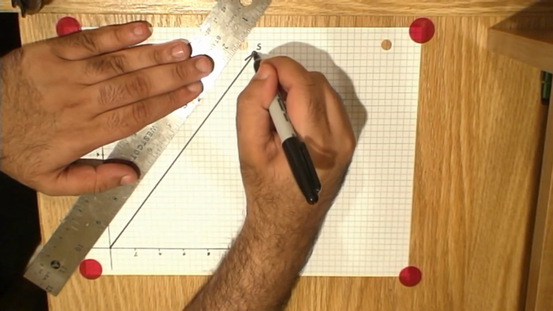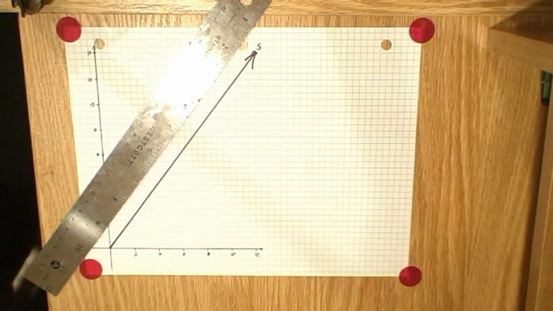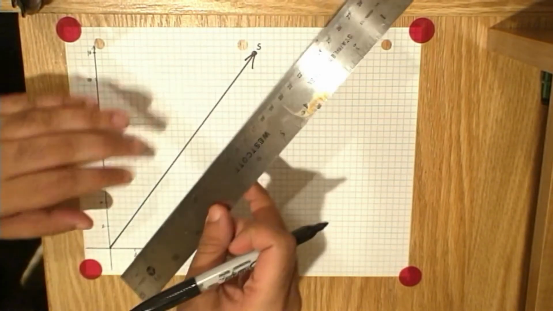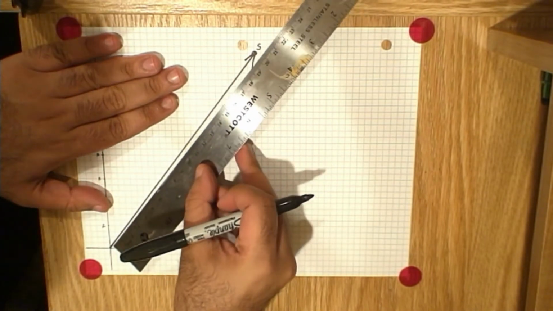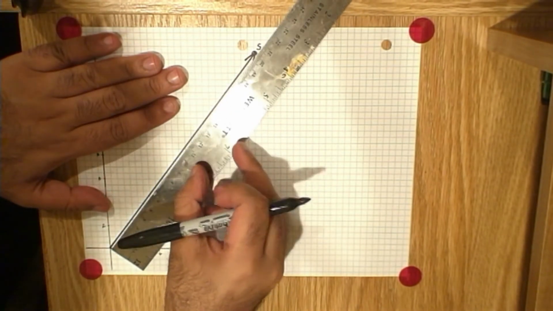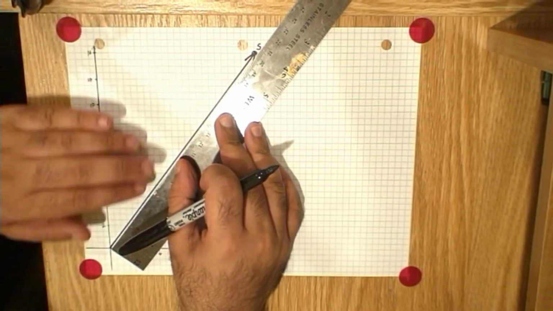And now let's measure the length of this straight line. In this ruler over here, I can measure this out to be 20 meters.